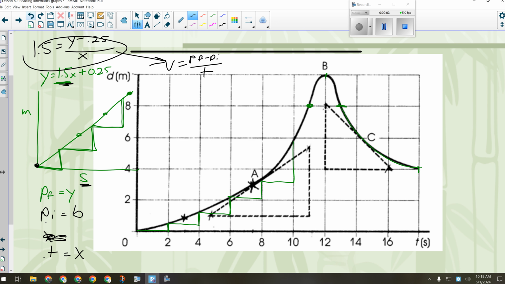So when I calculate the slope on that graph, I'm calculating the rate at which position changes. The rate of change of position is velocity in meters per second. Again, I don't memorize that the slope of a position versus time graph is velocity. I could, it always is, okay?